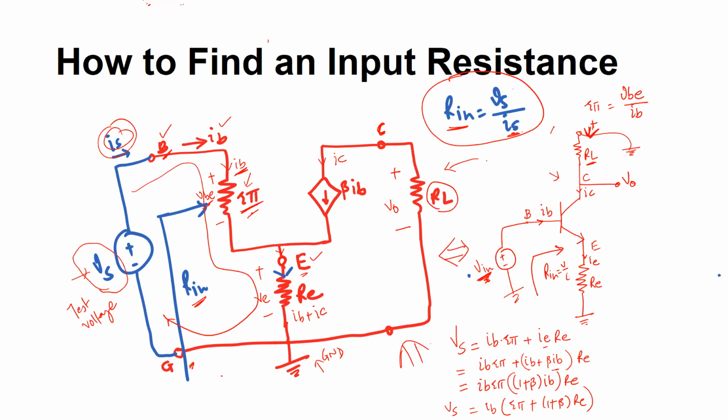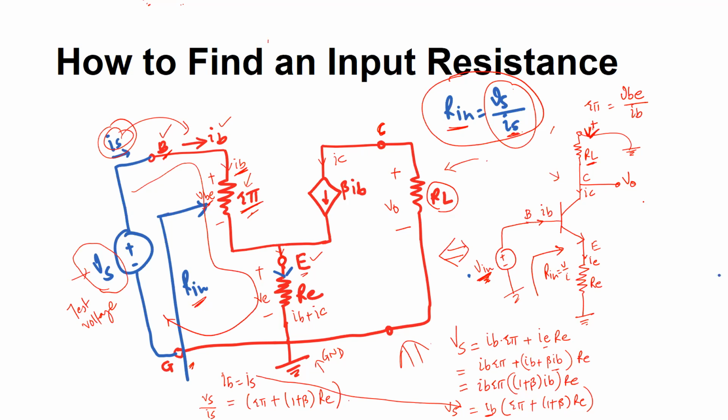Now we know that your IB is nothing but your Is. Then plug that value. So Vs divided by Is is basically this expression. Instead of IB, we are using Is, and that is nothing but R pi plus 1 plus beta times RE. So that's your expression for the input resistance.